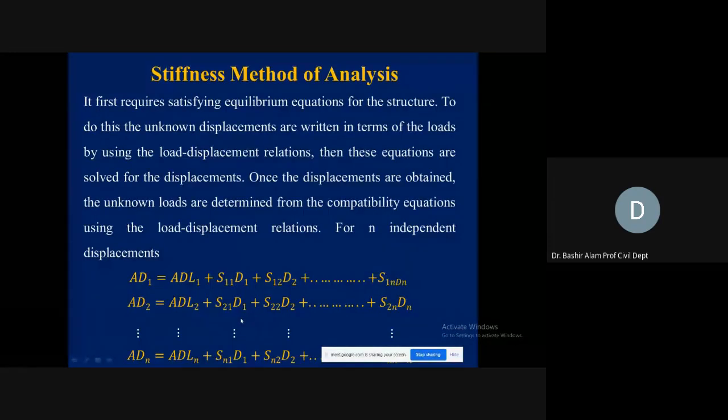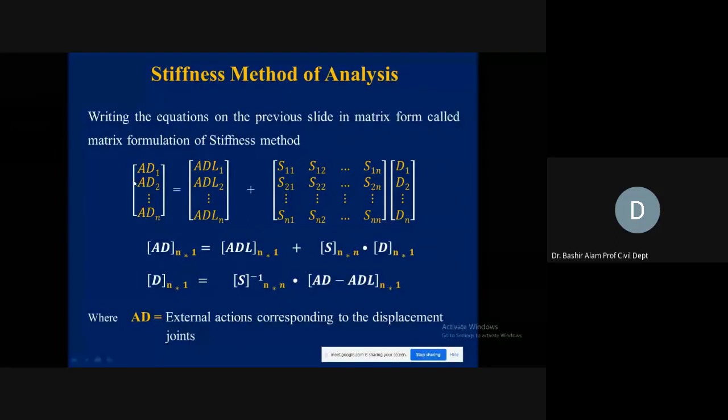So now if we want to write this in the matrix notation form, this will become AD, this will become ADL, and this will become the stiffness coefficient, and here we have the unknown joint displacements. If we want to write this in the condensed form, AD is equal to ADL plus S times D. यहाँ पे अब आप कंपैरिजन कर रहे हैं। AD, this is taking the place of the DRS.